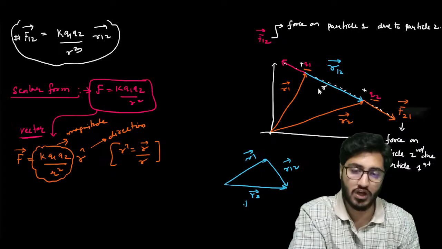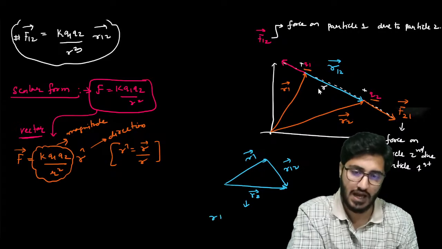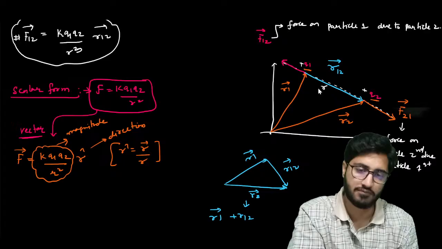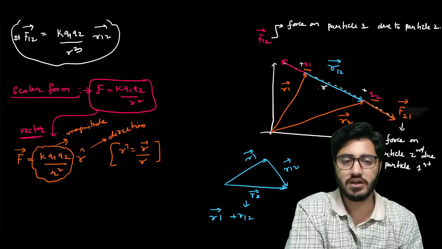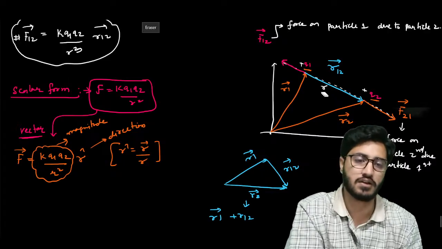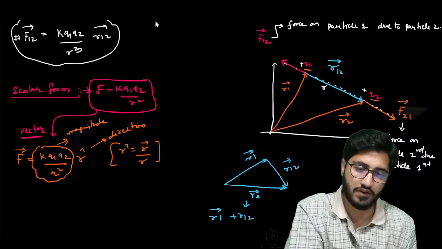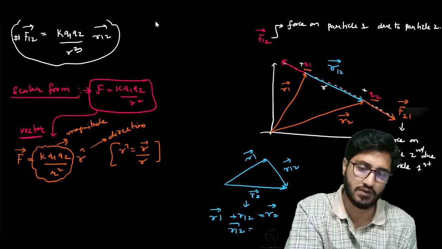So according to this law, R1 vector plus R12 vector equals R2. So R12 is equal to R2 minus R1.